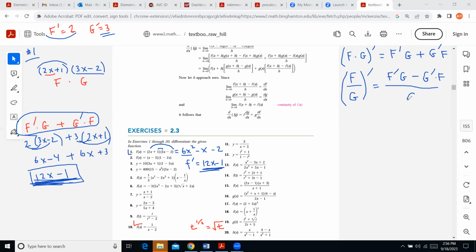And in the denominator, there is the square of g. So usually the second formula is what people have to utilize in problems, let's say like exercise number 13. You just don't have a choice.